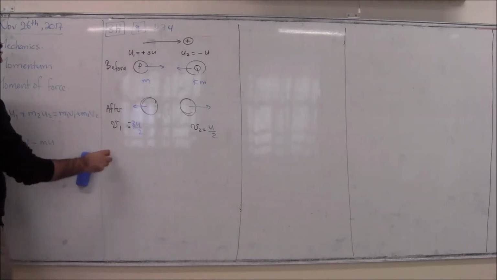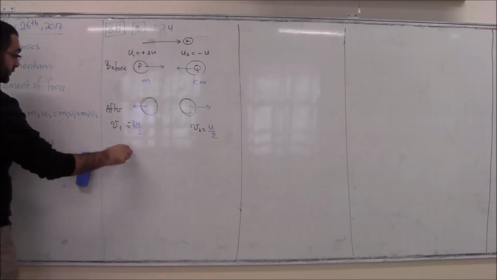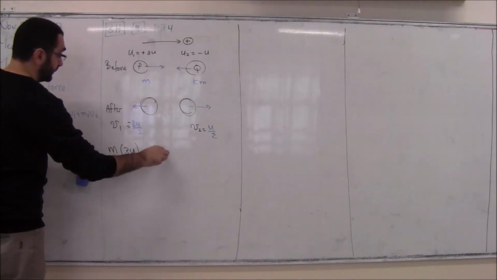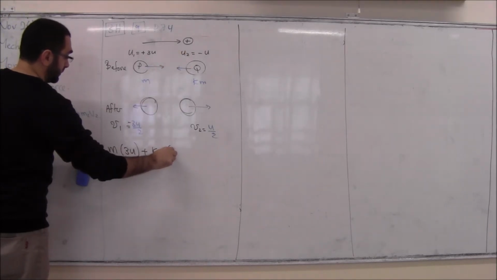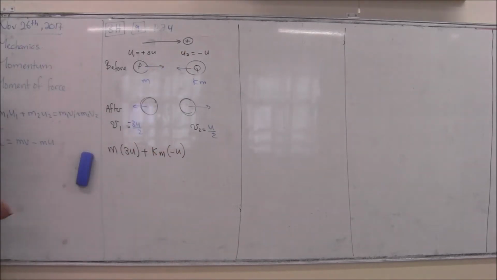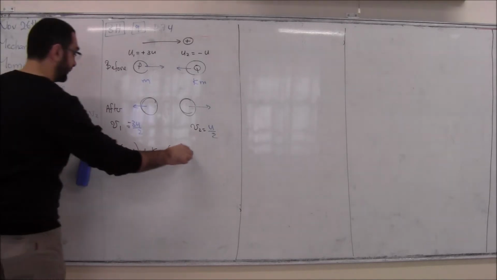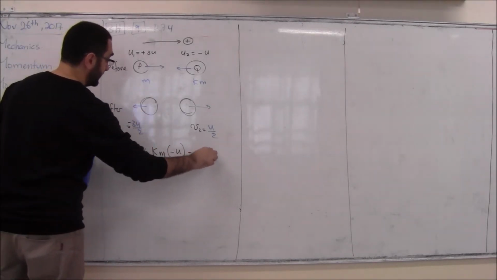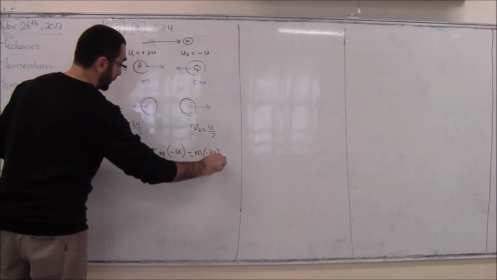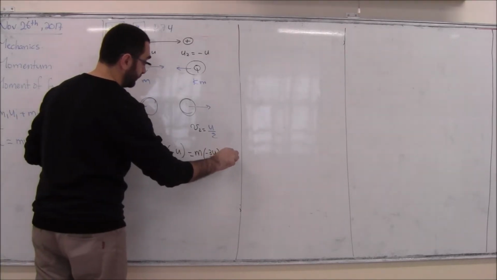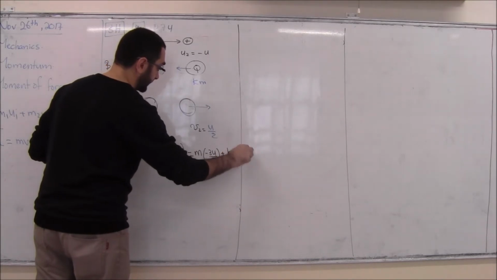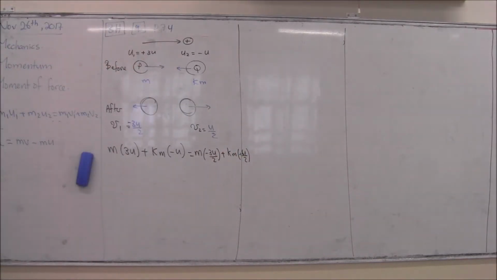M times 3U plus KM times minus U equals M times minus 3U over 2 plus KM times U over 2. Excellent. This way.